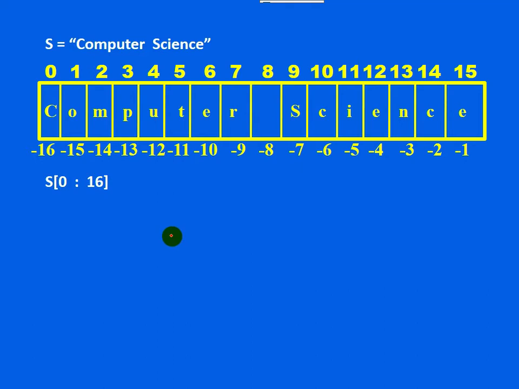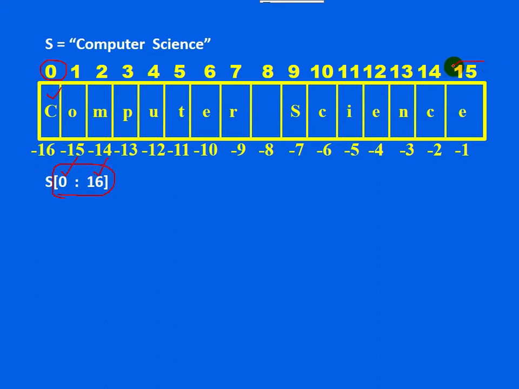Now the slicing operator is this. Inside square brackets, the lower index followed by a colon followed by the upper index. This is the slicing operator used in Python. So what is the meaning of s[0:16]? This operator returns all the characters starting with the index 0, which means this character, and ending with 16 minus 1, that is 15.